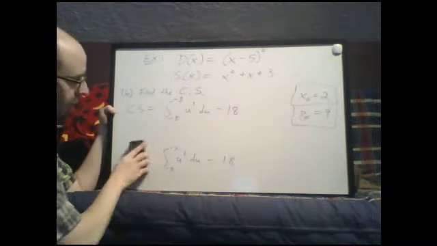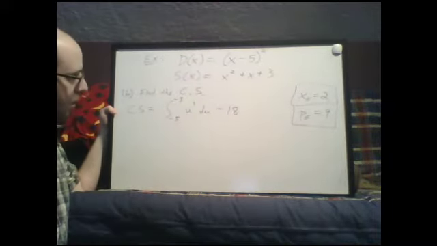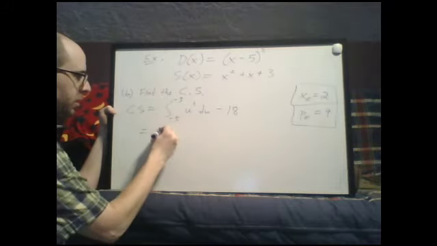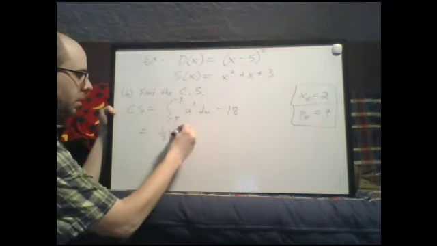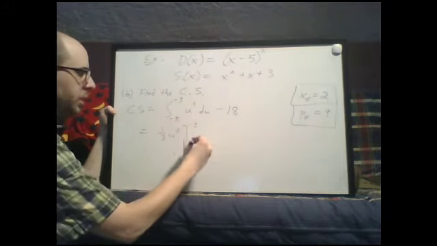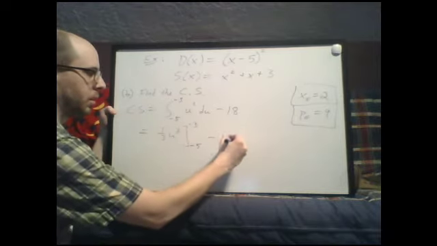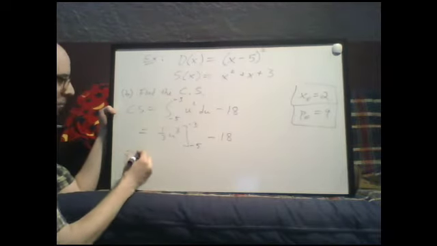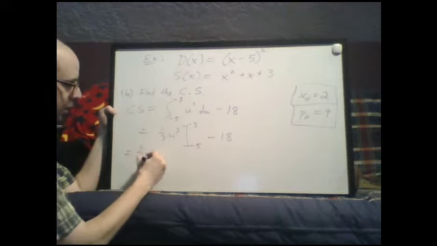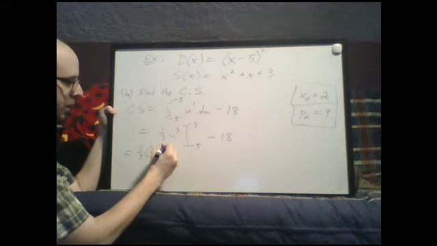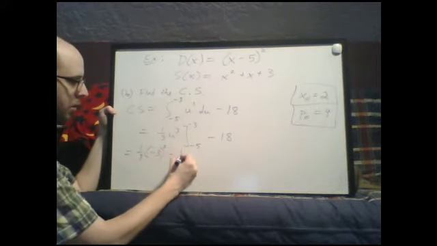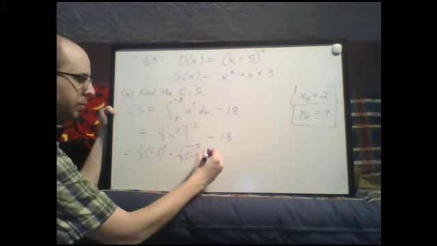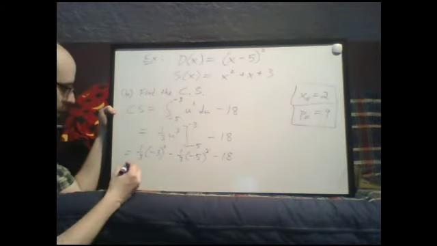Okay, so now it's just a simple power rule here. That's 1/3 u cubed. I need to plug in -3 and -5, minus 18. So 1/3 times -3 cubed, minus 1/3 times -5 cubed, minus 18.